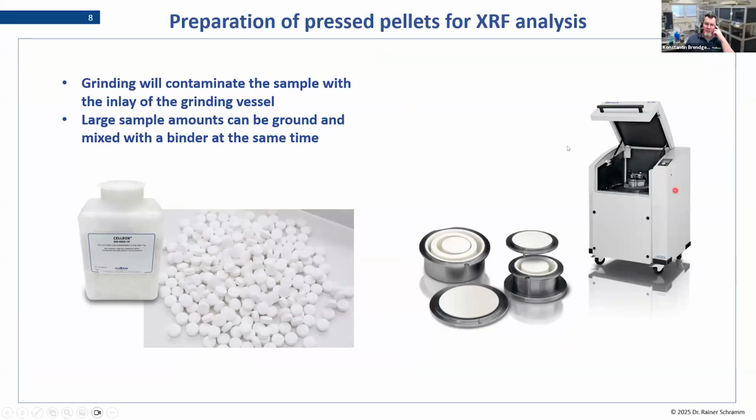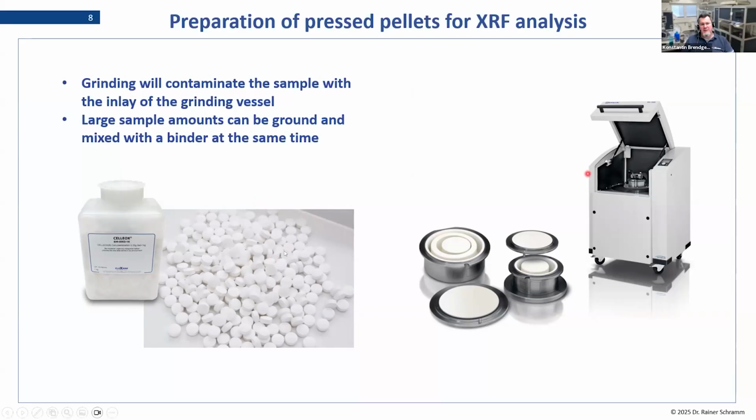As an example, if we are looking at these big ring and plug mills, you can use the Celeox or Boreox tablets, just throw them in there, and that helps you with grinding it down faster. And at the same time, you add a binder to the sample, which will help you later to make nice pressed pellets. So this, again, helps you to make an efficient preparation for your sample.